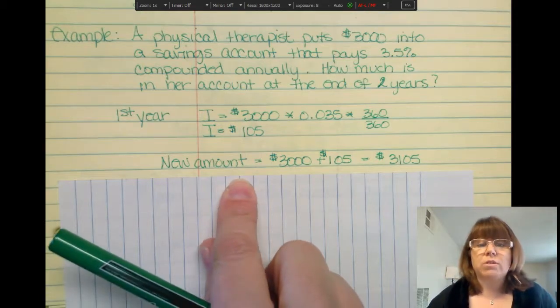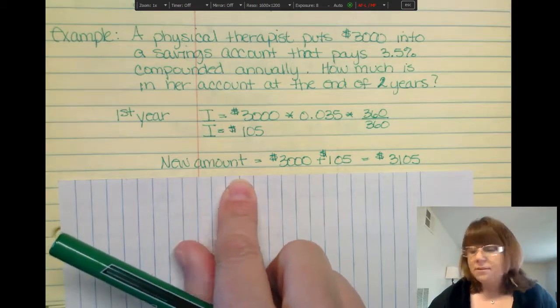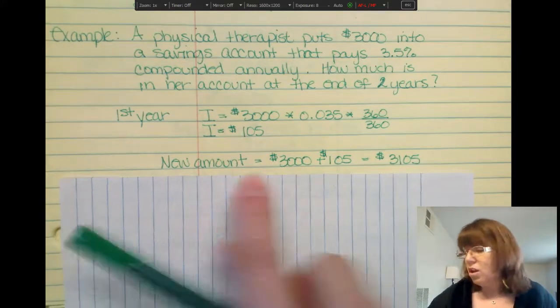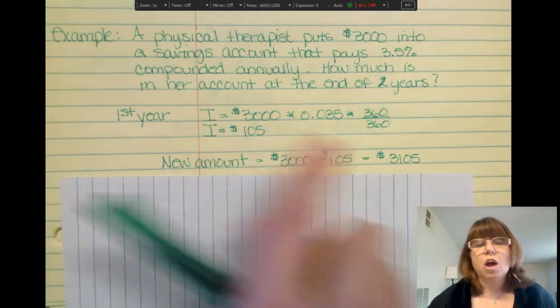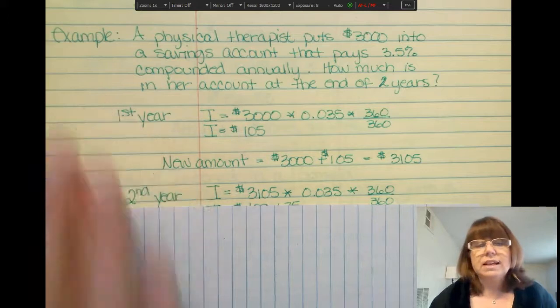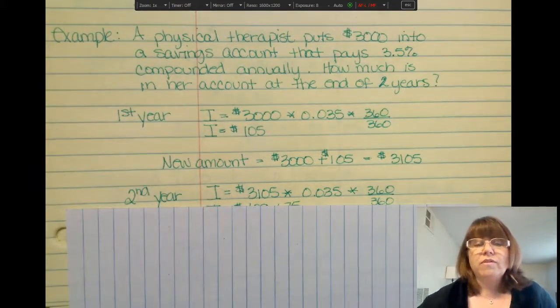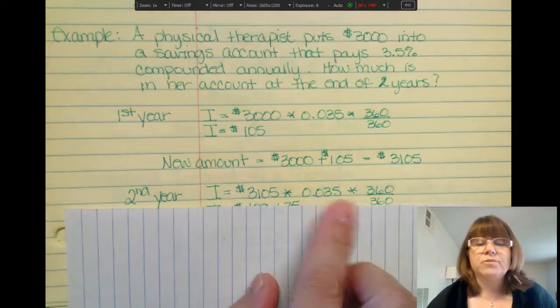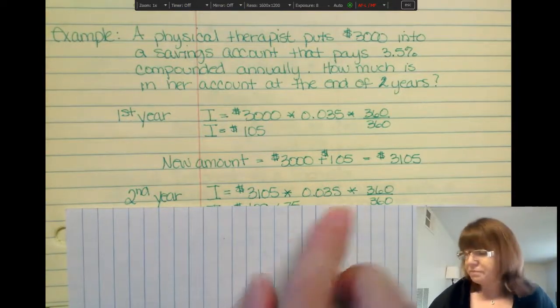This is the new amount that's sitting in the account. Now, the second year, the interest is going to be based on the $3,105, not the original $3,000. So our interest is $3,105 times the interest rate, the 0.035, times our year, which is just 1.